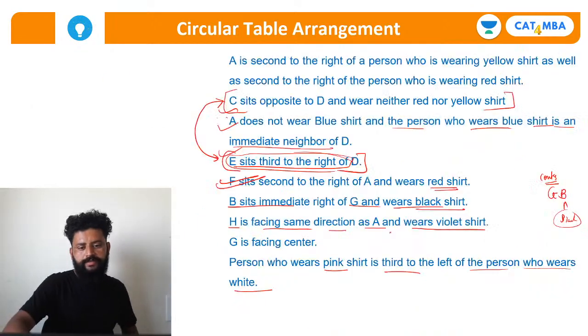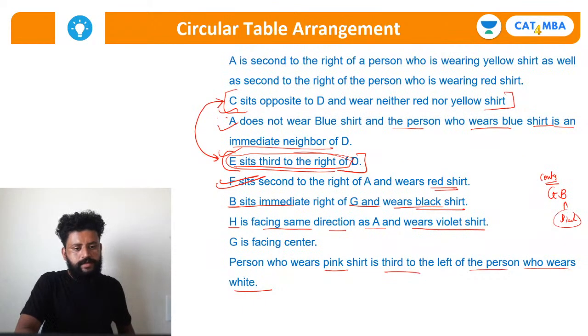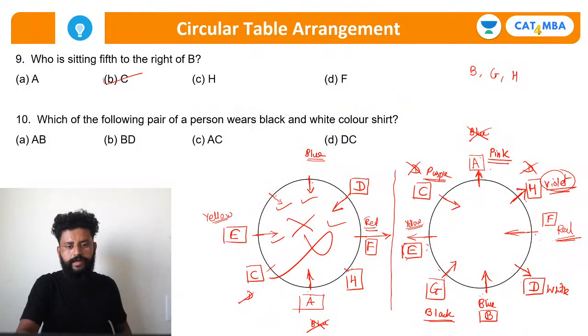So if this is not the case, H is facing the same direction. The person third to the left wears white. There will be one more case. This should not be purple then.